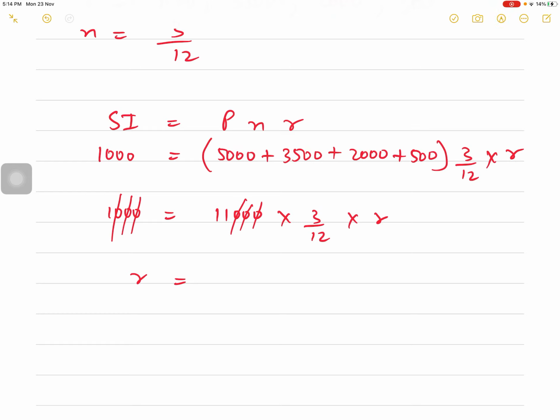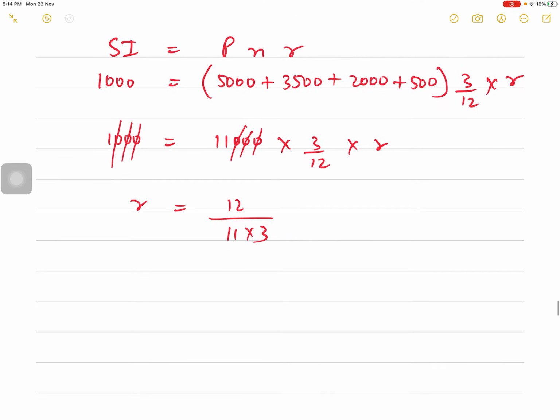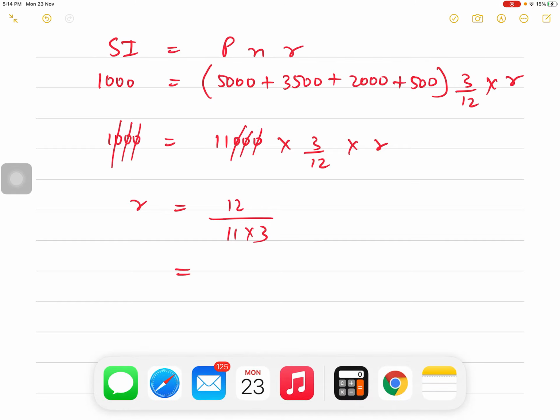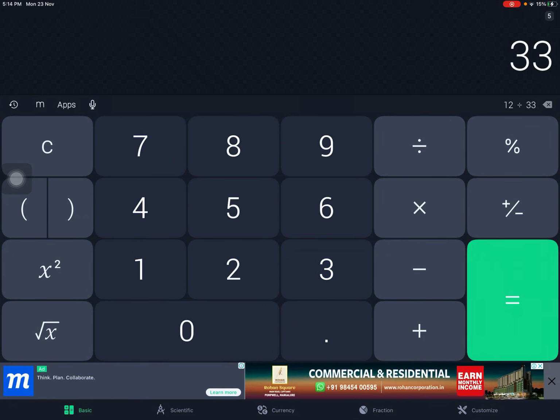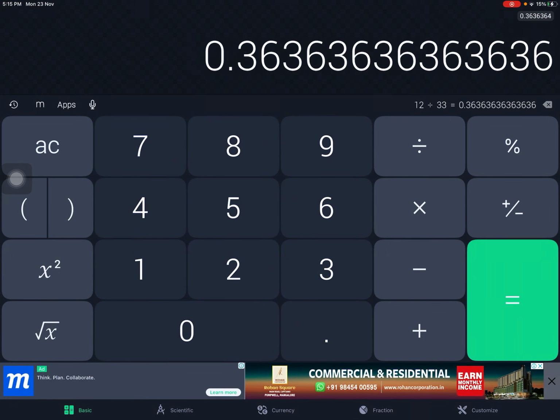So R is equal to 12 divided by 11 into 3. So 12 divided by 33, which comes to 0.3636, or 36.36%.